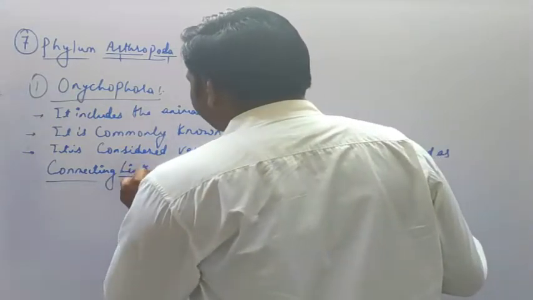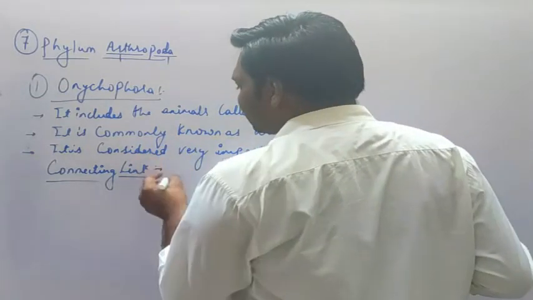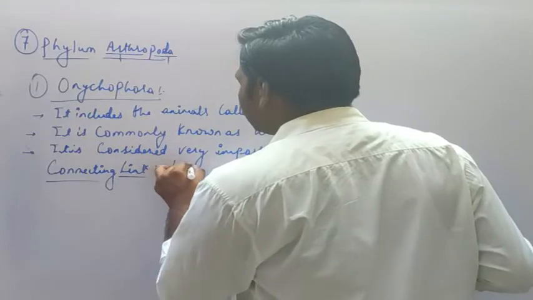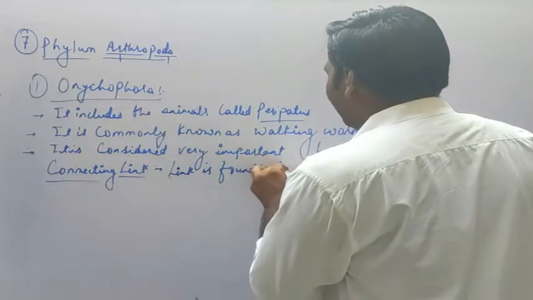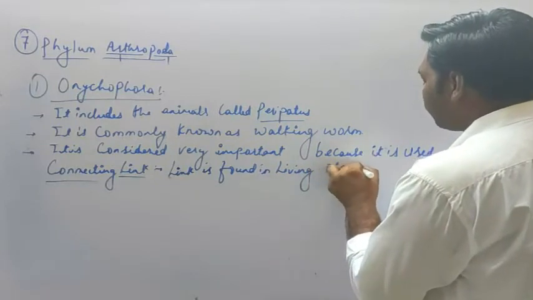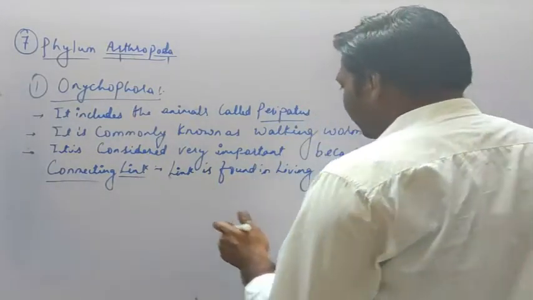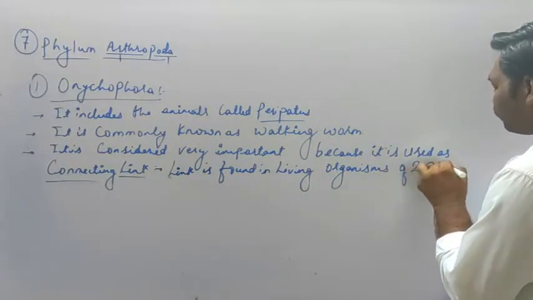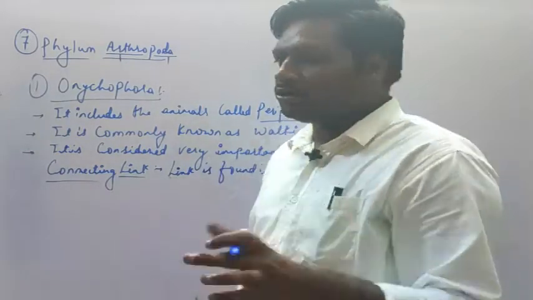That is, this characteristic feature or these characters are found in living organisms of two groups, that is Annelida and Arthropoda.